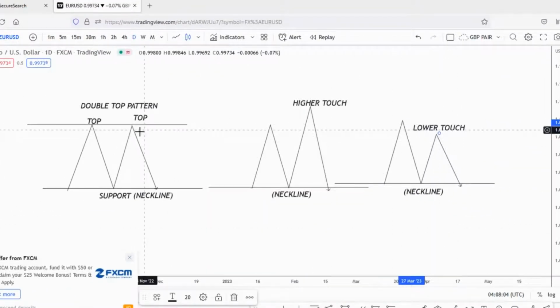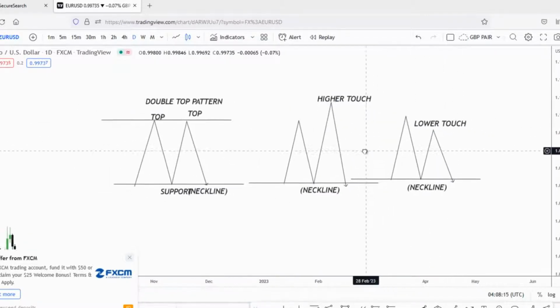You can see here we have equal highs. Then here we have one high higher than the other, and then we have this one lower than the other top. So these are the patterns you'll be seeing.